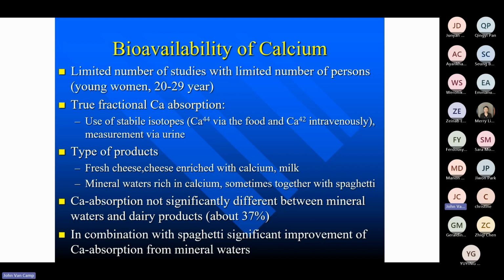And they studied different types of products, including waters, and very surprising, the calcium absorption is not significantly different between mineral waters and dairy products. It's about 37%, so 1/3 of the calcium taken in from the food, whether it is water or whether it is dairy products, is not a big difference, is actually absorbed physiologically inside the human body.